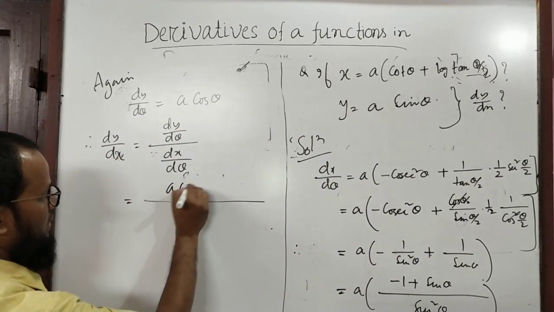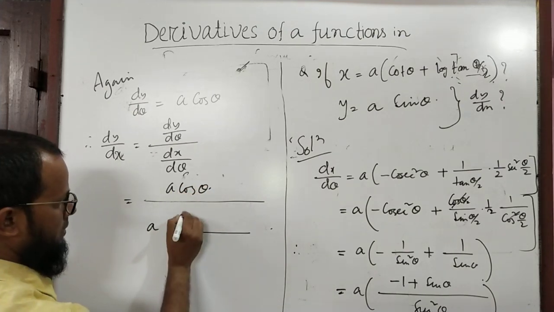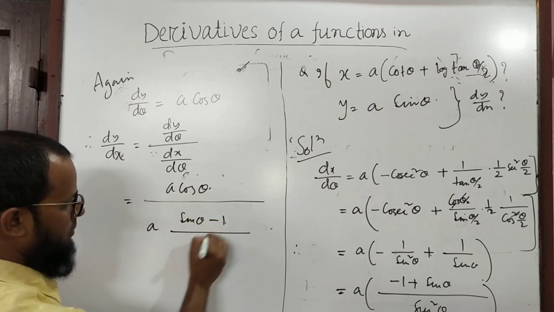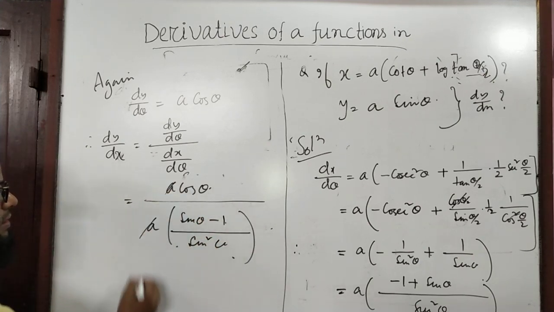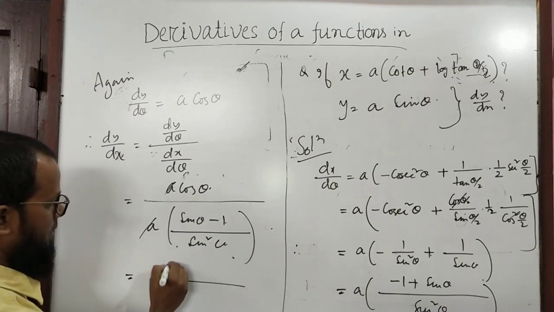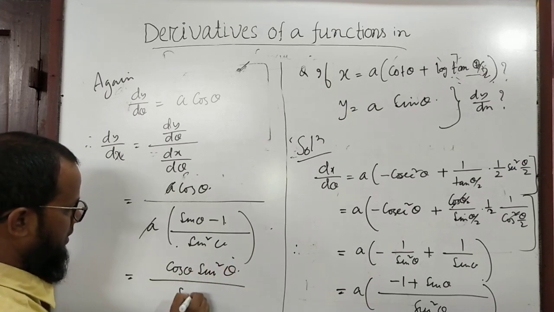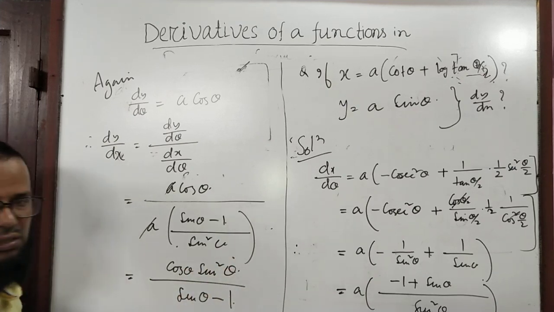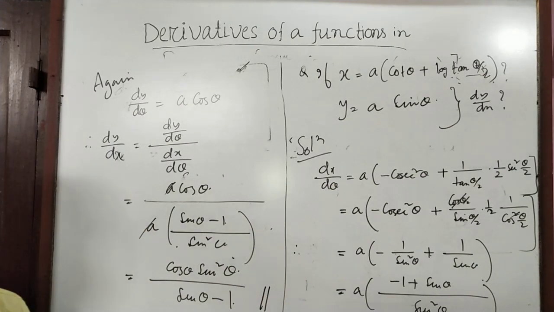Okay, a cos theta, and here a into sin theta minus 1 by sin square theta. So you can cancel a. Some calculation is required. Cos theta into sin square theta divided by sin theta minus 1. This is the final answer of this particular problem.